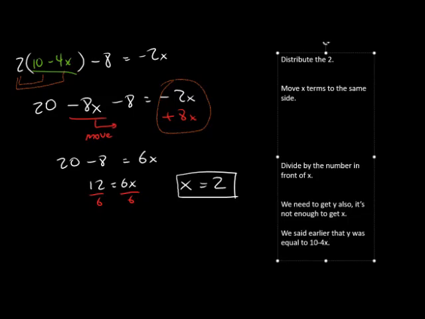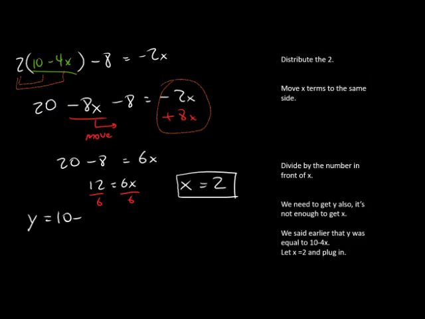So now we will let x equal 2 and plug that in. We'll start with y equals 10 minus 4x. Now that we know x is 2, we'll place the 2 in the position where x is.